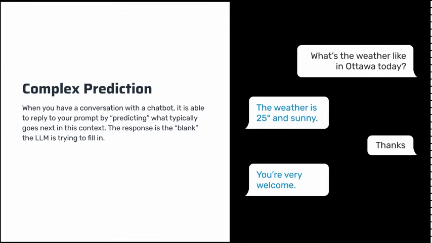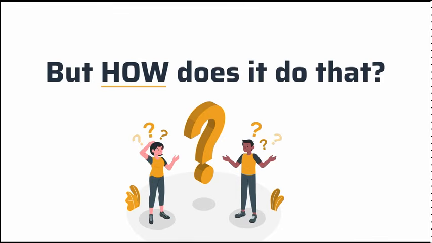And that would be you answer with what the weather is. And if someone were to say thanks to your response, then the LLM kind of thinks, okay, what's the most common or expected response to something like thanks? Oh, you're welcome. So that's how it would reply. So basically, the response to what you're telling it is the blank that the LLM is trying to fill in.